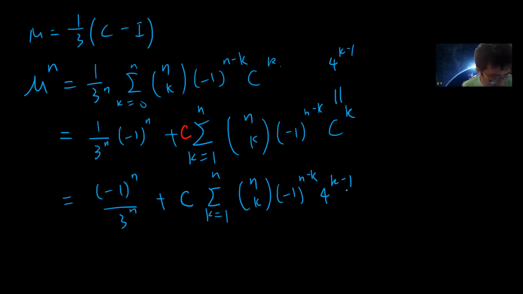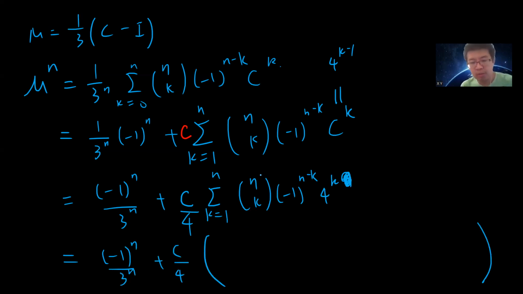Now I want to combine this as another binomial. So I delete this and divide by 4. The result will be (-1) to the n over 3 to the n, plus C divided by 4. I want to complete this as a binomial, so I take the sum over k from 0 to n.